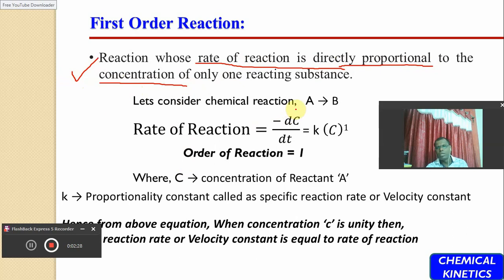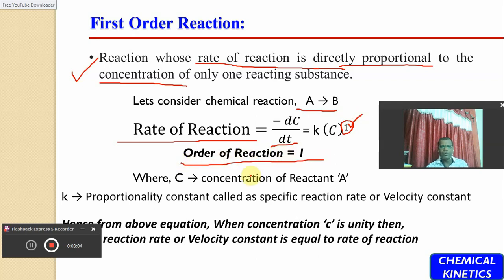For that purpose, suppose we consider the general reaction in which A is the reactant and B is the product. Then the rate of this reaction can be written as minus dCA by dt is equal to K into concentration raised to 1. This 1 is the power or exponent of the molar concentration of reactant in the rate equation, and this power is called the order of reaction.